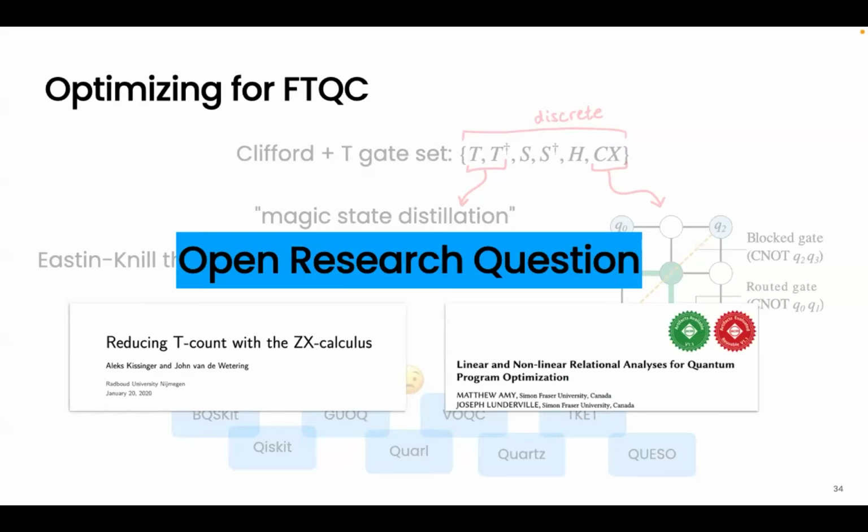That's all I really have to say about it. It's very rapidly evolving according to all the work that people lower in the stack are doing, like coming up with better codes and better protocols for implementing the T gates. It's an exciting research area.